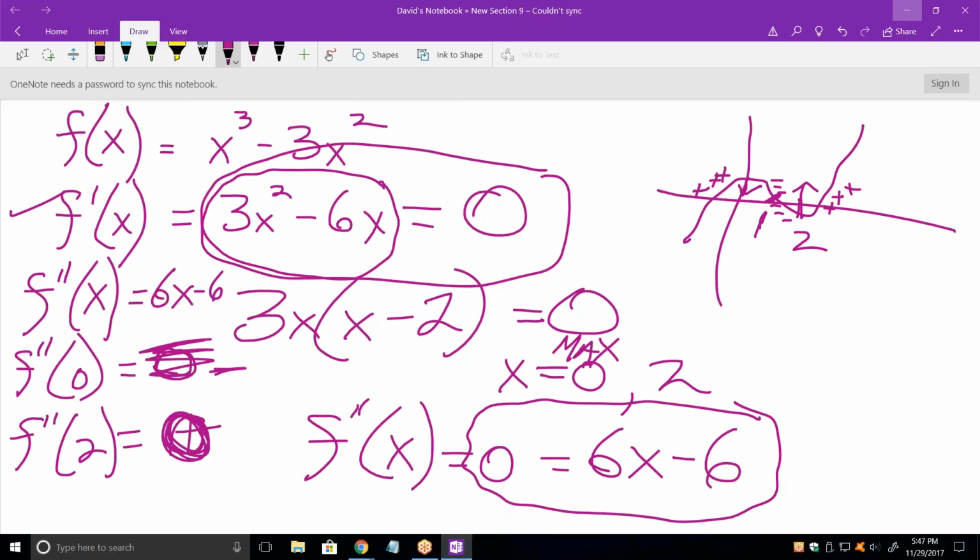That means my slopes to the left of that critical point are plus. And then if I plug in plus a half, somewhere right there, I'll get a negative number, meaning my slopes come out of the peak negative. Well, if it goes in positive, comes out negative, it must be a maximum.